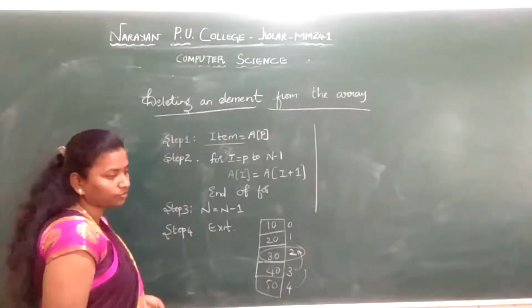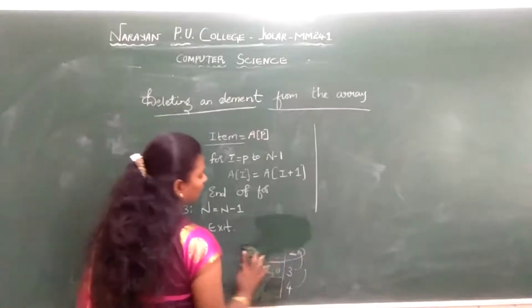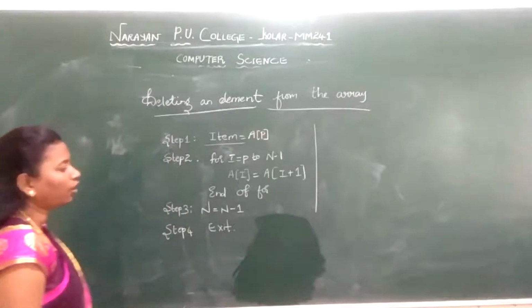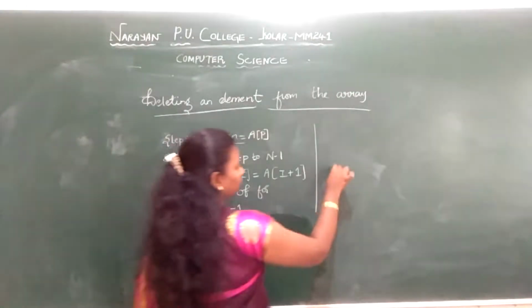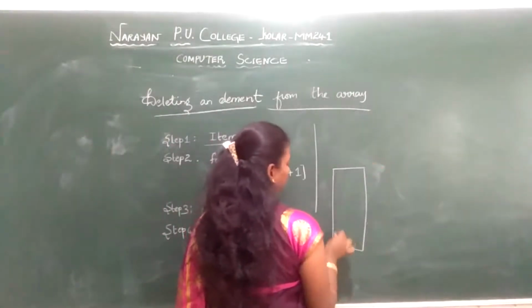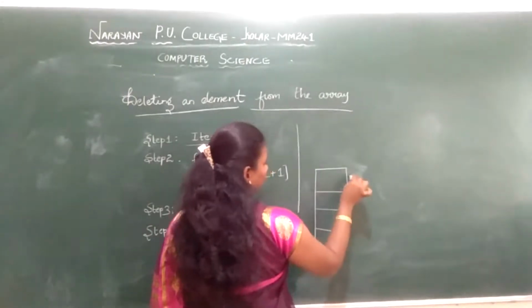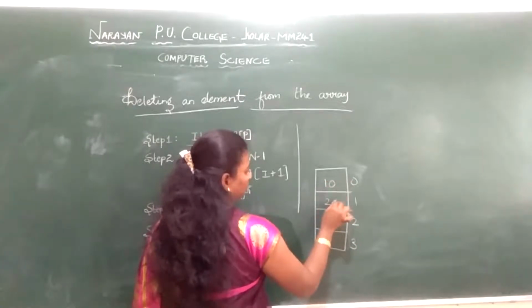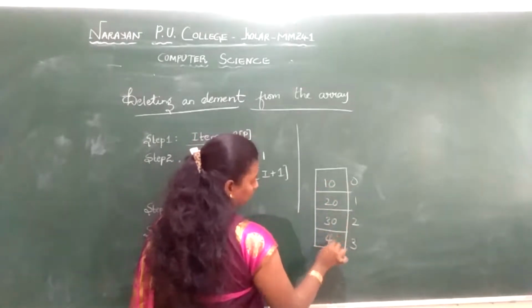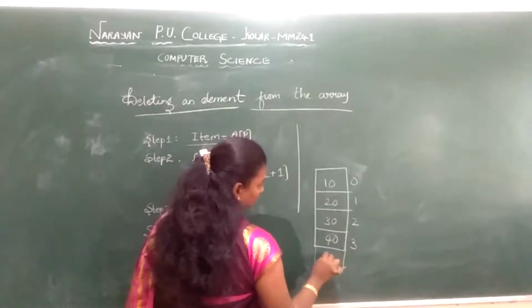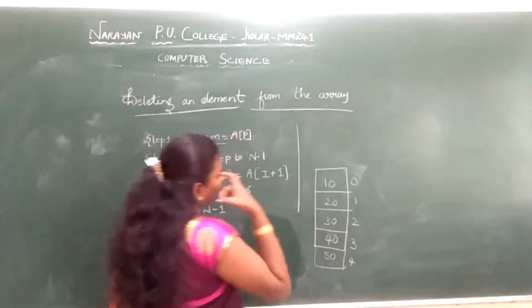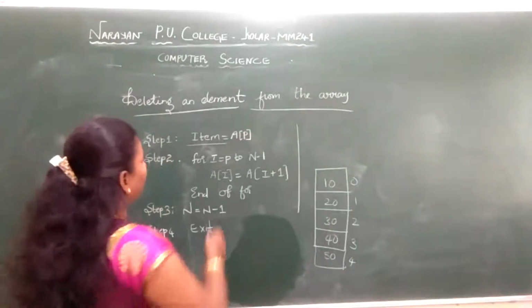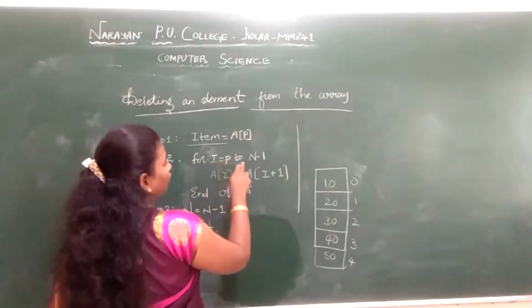Here we will see now: A of I plus 1 is given to A of I. Imagine I is equal to P to n minus 1.